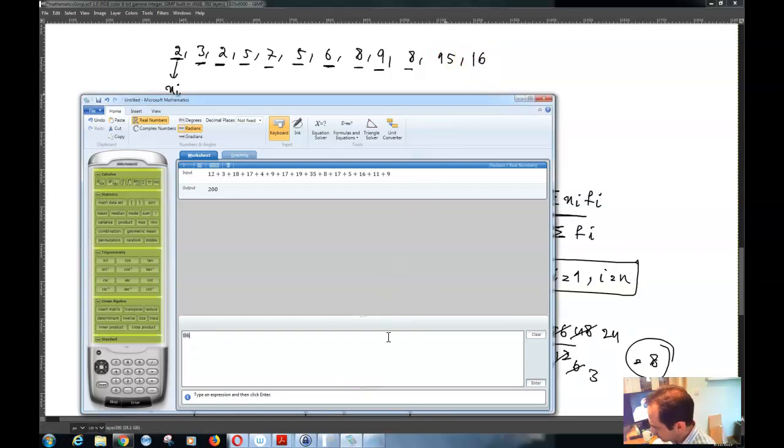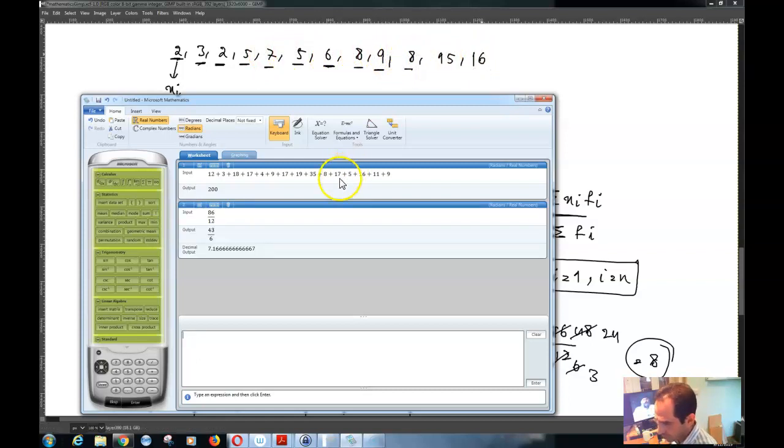So you have 86 divided by the number of these numbers, which is 1, 2, 3, 4, 5, 6, 7, 8, 9, 10, 11, and 12, which gives you 7.1. It's supposed to be 8.